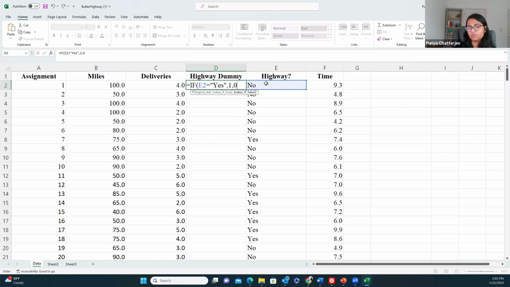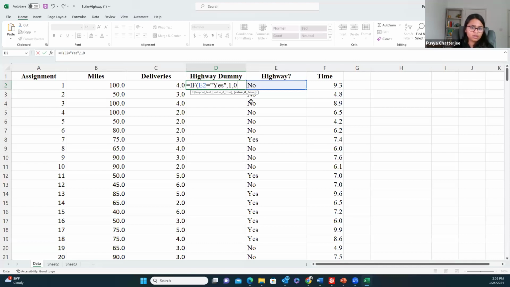Excel helps you with any function you want to write down. First you have to write down the test. The test is if my highway variable is yes. If yes, then give me 1, otherwise give me 0. Now you could also write it in a way that you say if E2 equals no, then comma 0, comma 1.